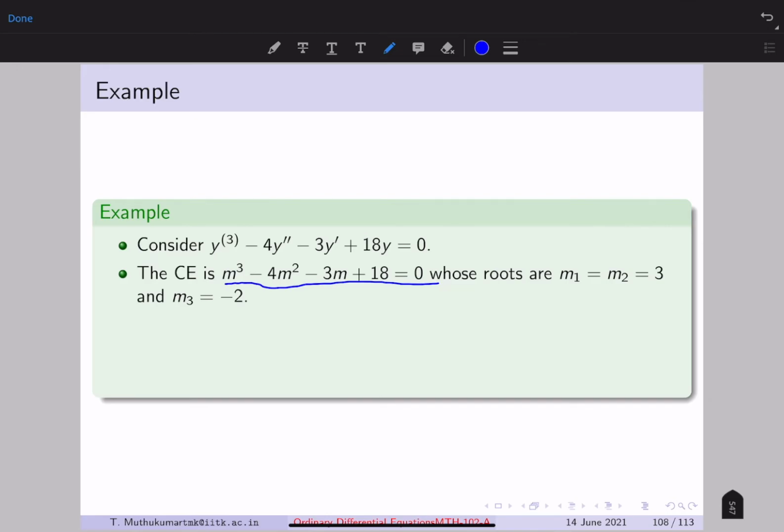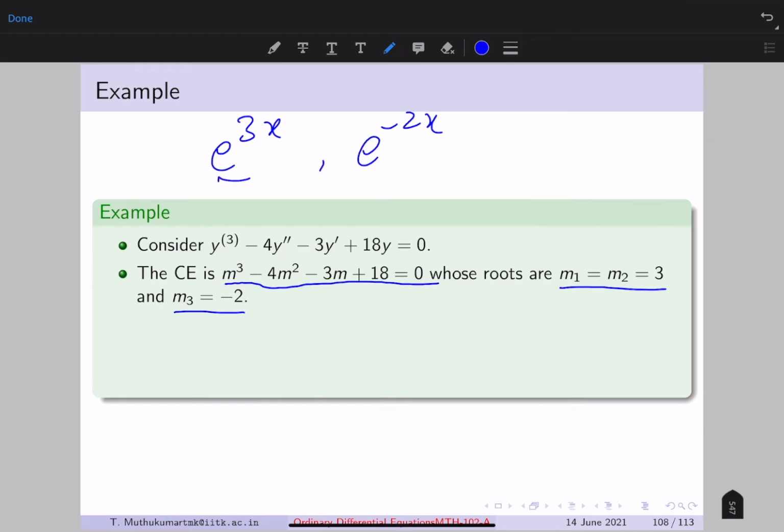So if you solve for this cubic equation, what you get is 2 repeated roots and 1 distinct root, right? So you have 3 roots, but 2 of them are repeated. So the choices that you have are e power 3x and e power 2x.